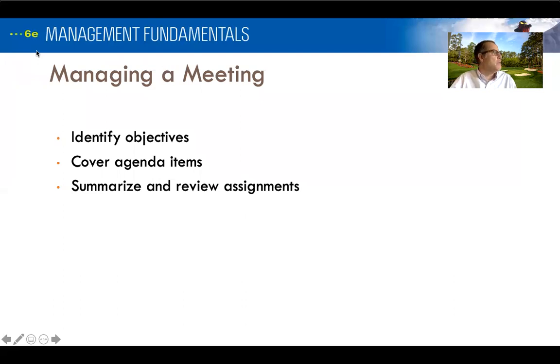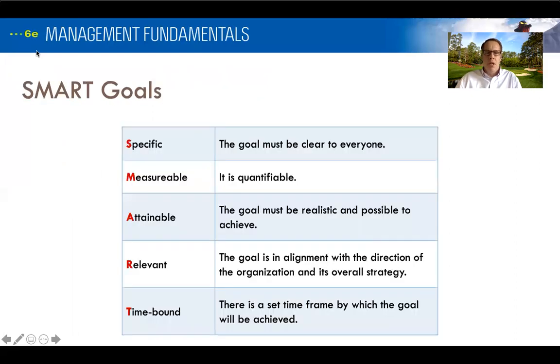And before you end the meeting, you want to make sure everybody's clear on their assignments, what they've got to do, and timetables. I think that's an important piece to managing a meeting. SMART goals, I don't think we need to talk through that specifically, as we've mentioned it already this semester, and I think it's a pretty common thing. But as you set goals in a meeting through your agenda, make sure that they're SMART goals.